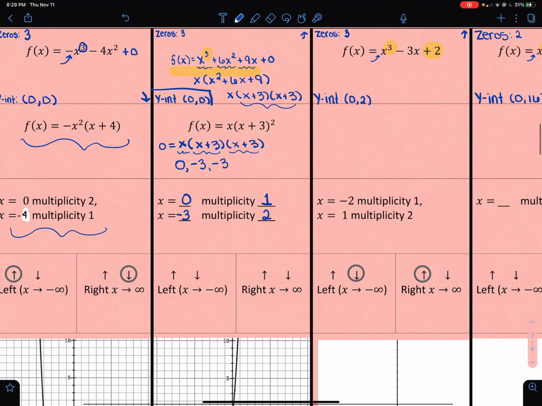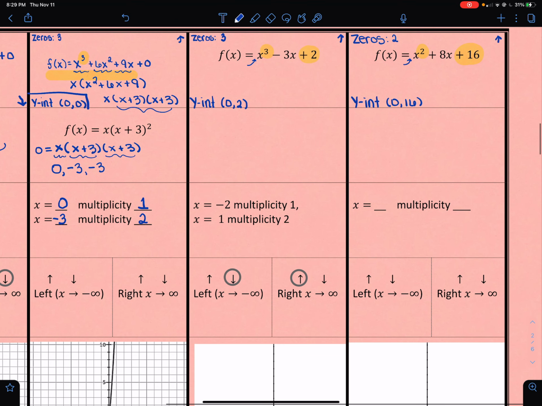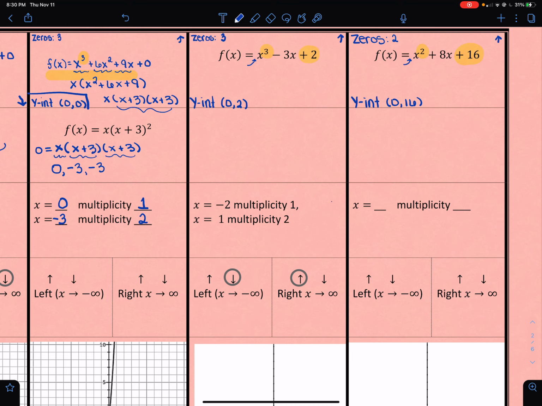All right. So now let's go over to the third column and work on the multiplicity. Now, this one here, I'm going to work backwards. Rather than using the first box to factor it to get to here, what I'm going to do is I'm going to take these zeros and I'm going to move them up here. Okay, so instead of x equals negative 2, there's one of them, and there's one multiplicity of that.